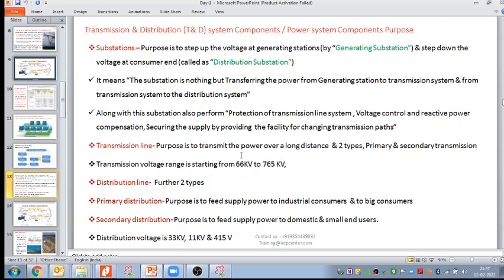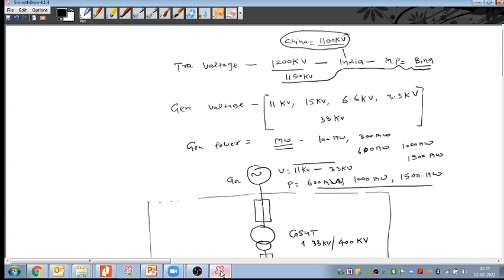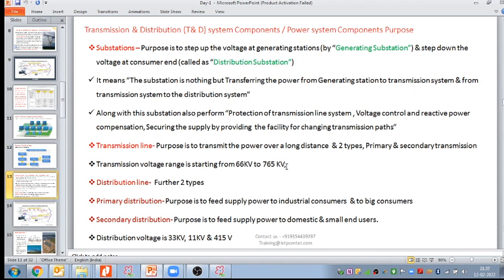So 1150 is the testing, the maximum voltage that exists, but the operational transmission voltage in India and across the world is mostly 765 kilovolts. That is the mostly operating transmission voltage. So even though we have 1150 kilovolts, the maximum range that is mostly used is 765 kilovolts.